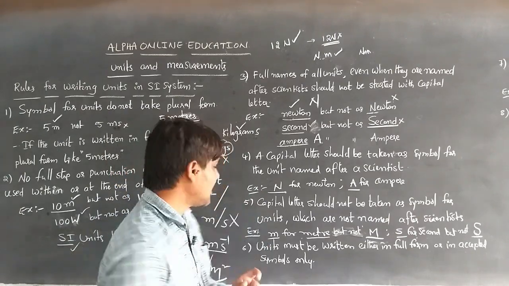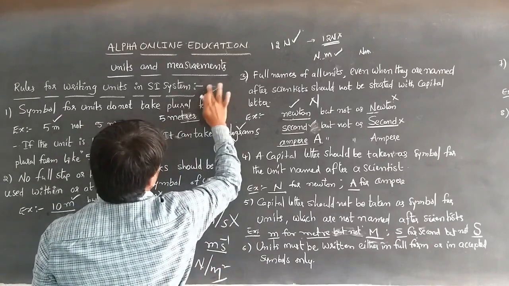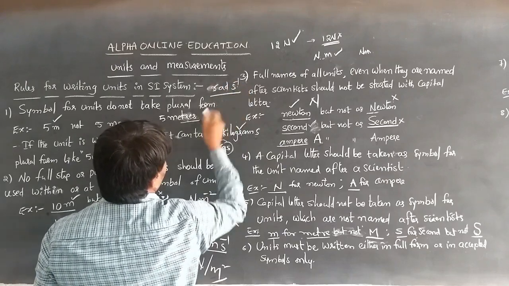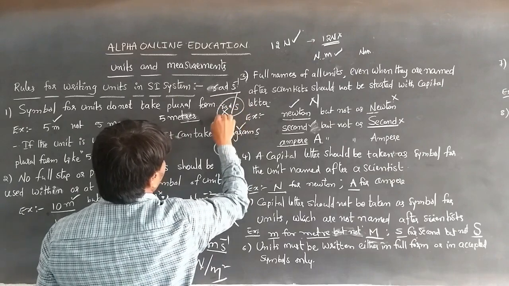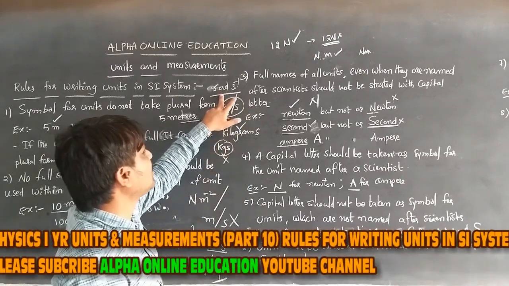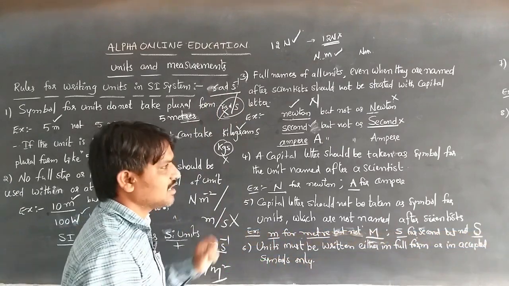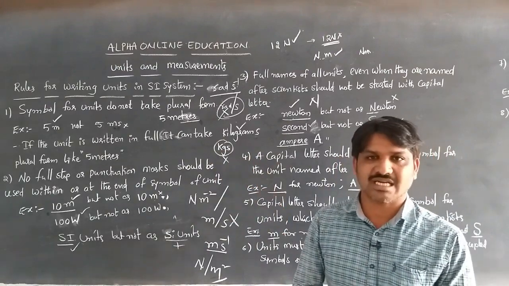If we want to write radians per second, we should write it like this, not with a slash. We should not use a slash in writing SI units. These are the rules for writing units in the SI system.